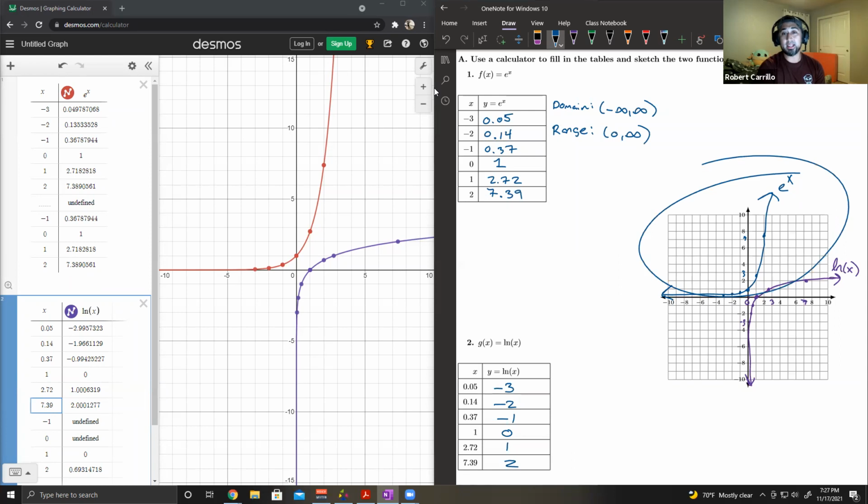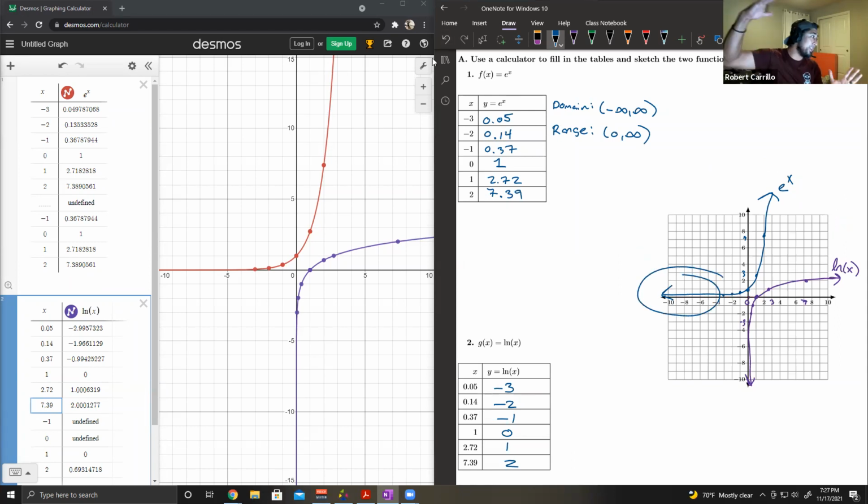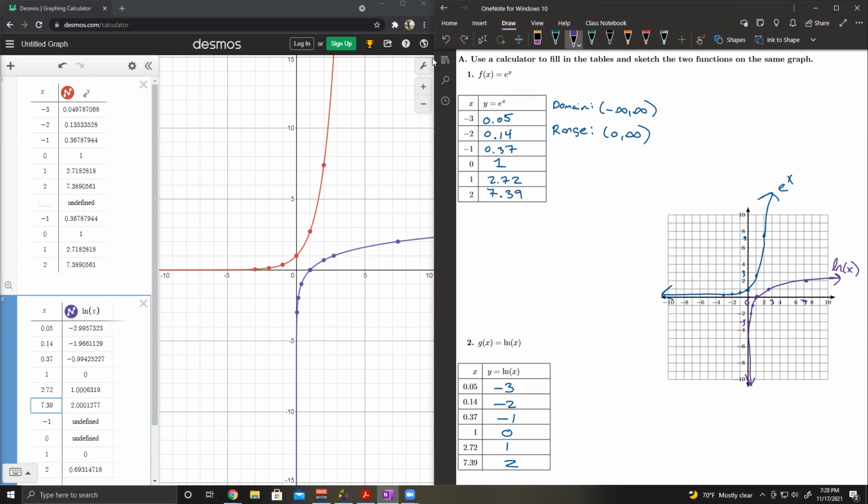Because if you look at e to the x, as this tail heads to the left, will it ever touch 0? No, it'll never touch 0. No matter how small x gets, you're never going to touch 0.